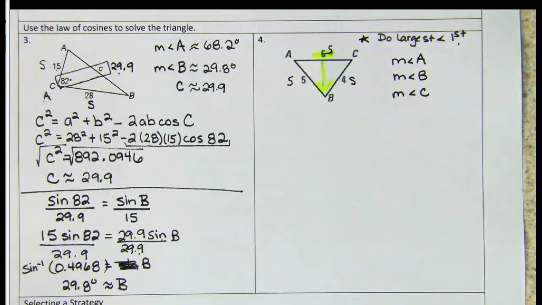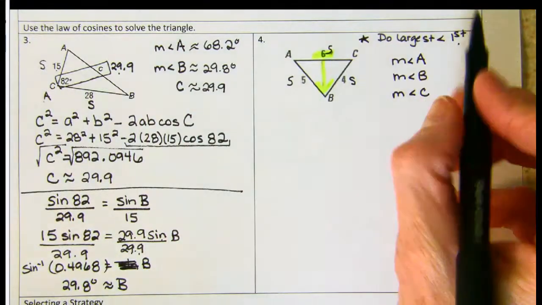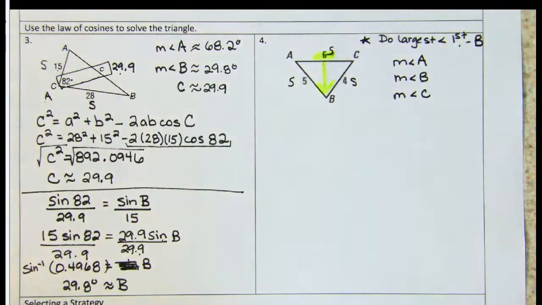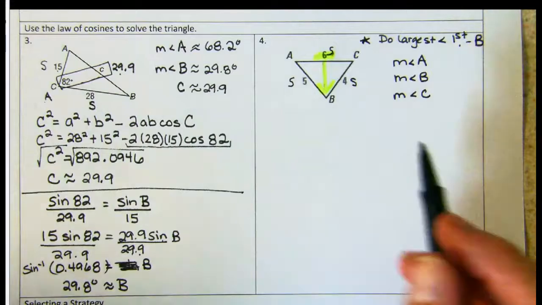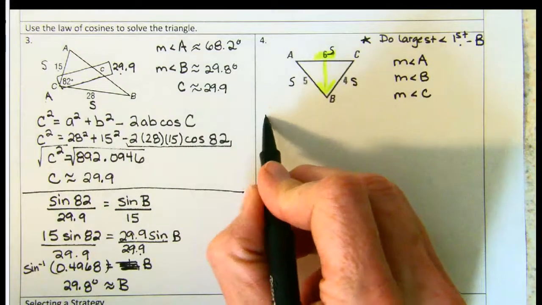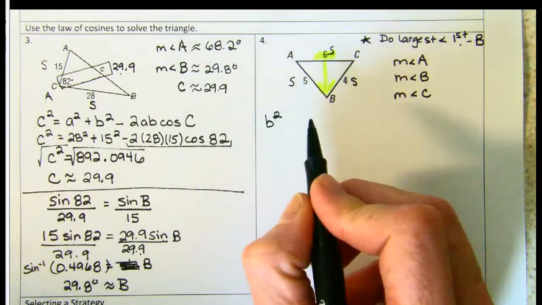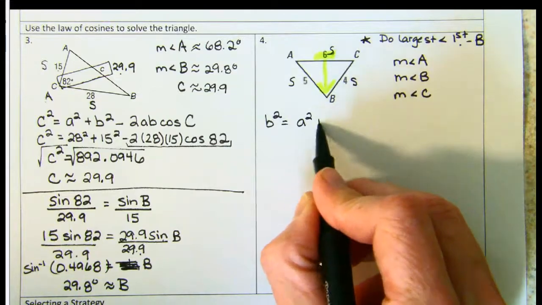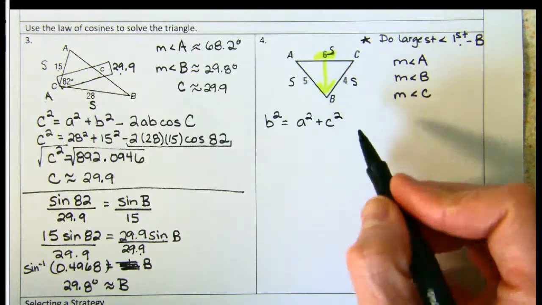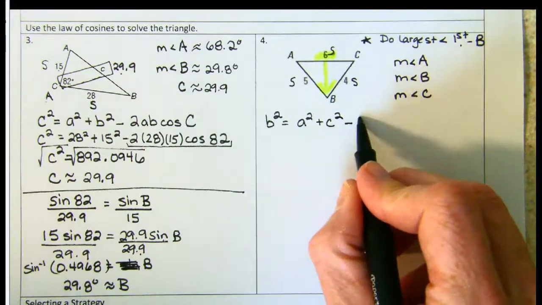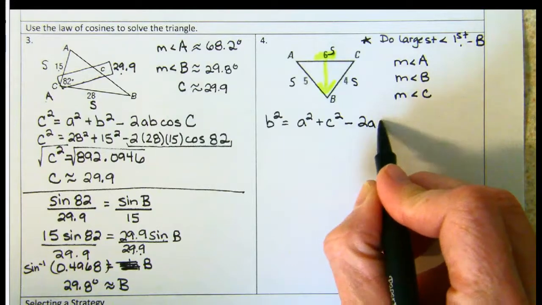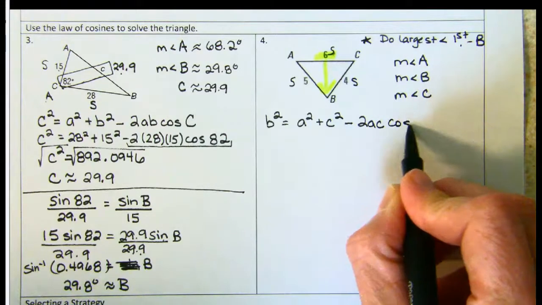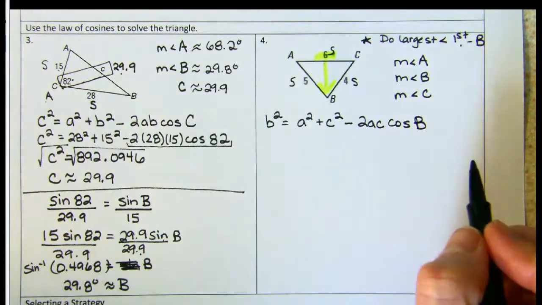So we are actually going to focus on angle B first. So if we're going to do that, then the formula that we would use for law of cosines would start with B squared. Now remember, it's going to be the other 2 sides squared, subtract those 2 sides multiplied together, and then cosine angle B.